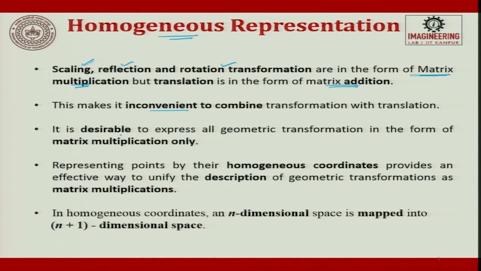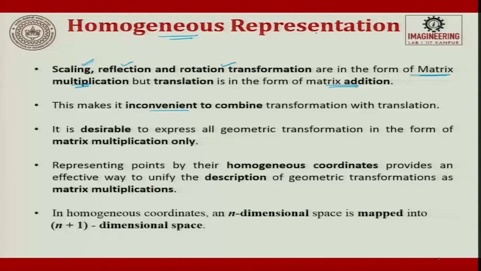So it is desirable to express all geometric transformations in the form of matrix multiplication only. Matrices are the easiest form of doing translation or transformation, whatever it is. So if we could convert everything into a standard matrix multiplication form, that gives us a benefit.